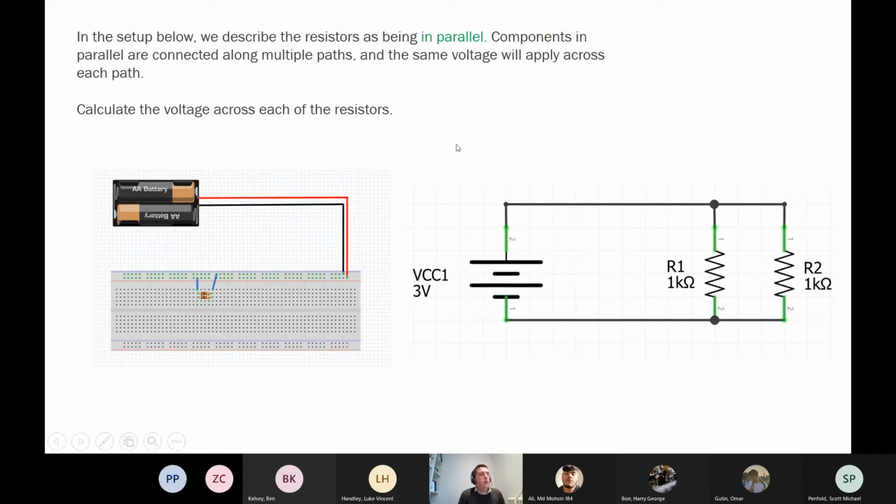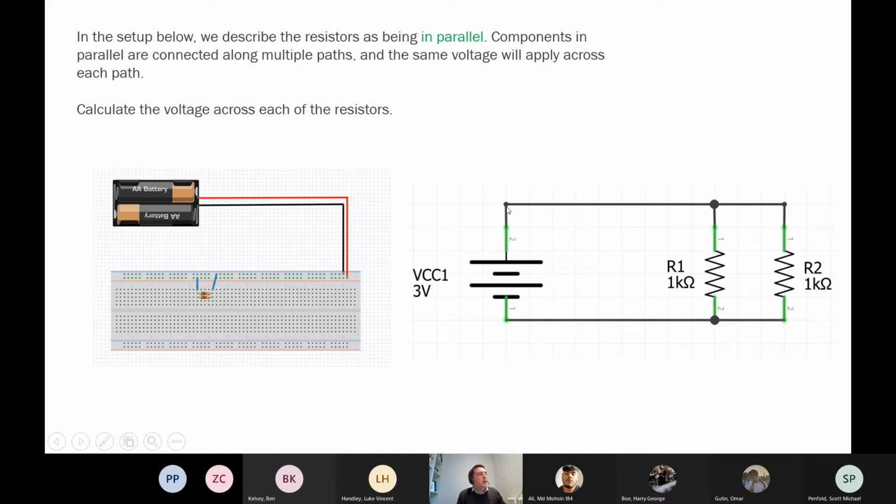Now we need to think about what happens if we have two resistors in parallel. And again, this slide gives the game away. It says the same voltage will apply across each path. Along a wire, the voltage is the same at all points. It only changes across a component.